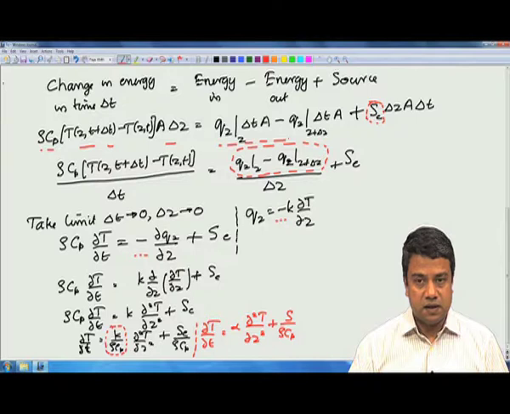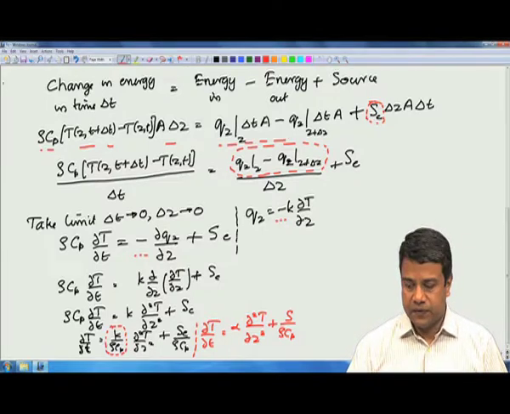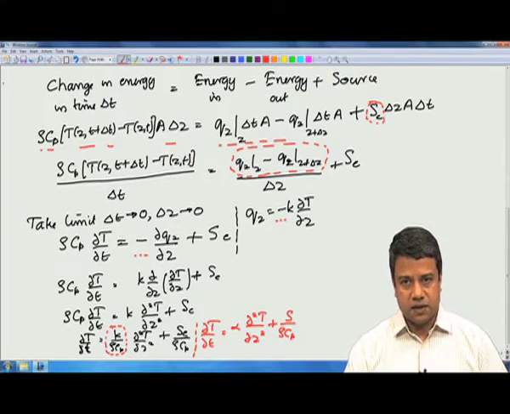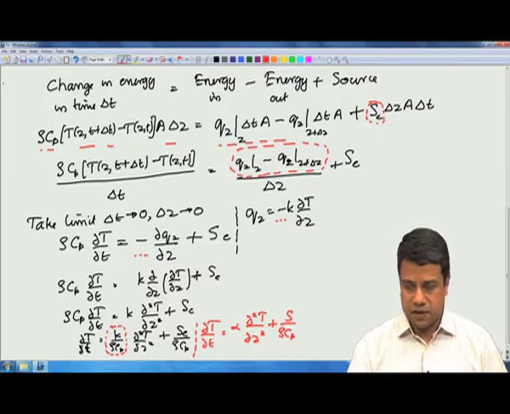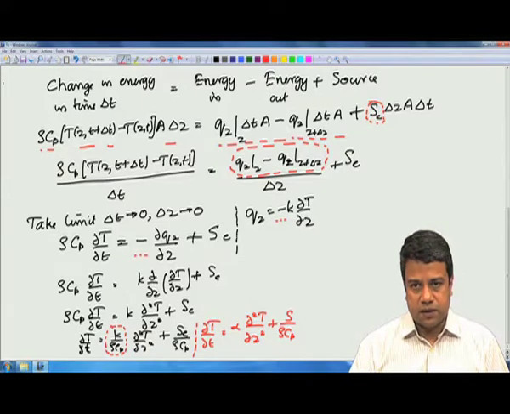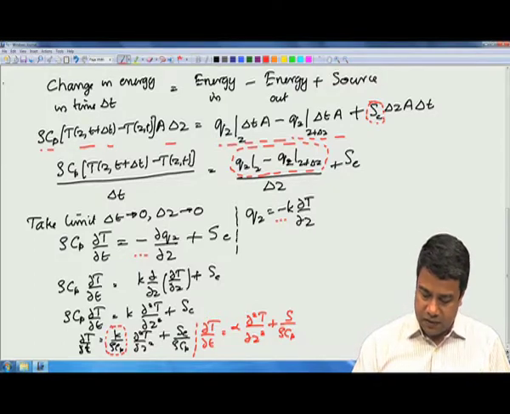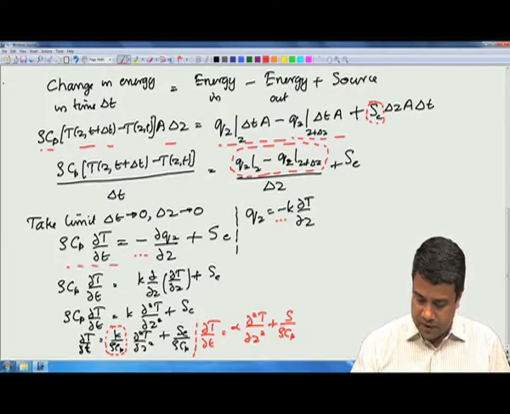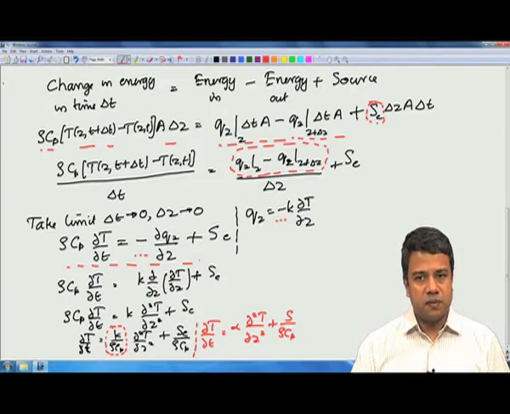Energy in is flux times area times the time interval. After all, the flux is equal to the energy transported per unit area per unit time. So, energy in at the location z, z upwards is positive, minus the energy out at the location z plus delta z plus any sources. You write this balance and then divide by the total volume and the total time interval, and then you get a diffusion equation of this form, wherein the time derivative of the temperature is related to the spatial derivative of the flux.